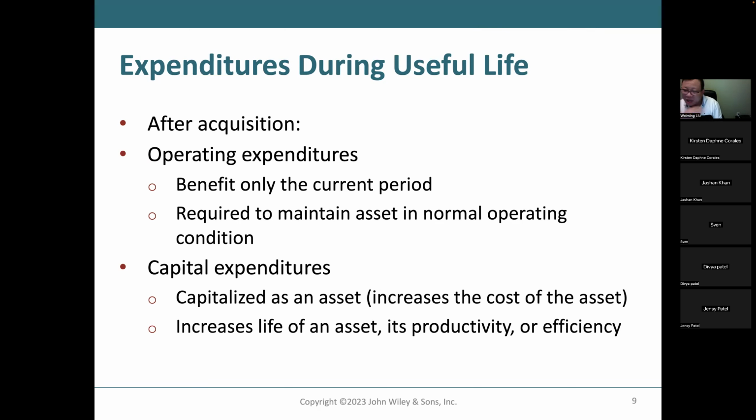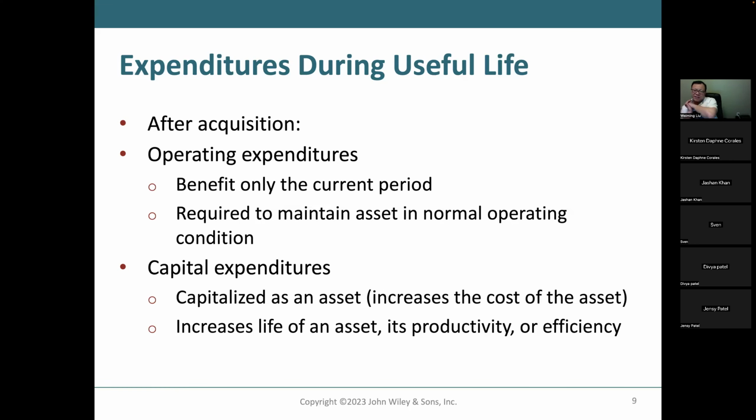But from the accounting perspective, expenditures and expenses are two different things. From the accounting perspective, expenditure is a cash outflow. The cash left your pocket to another person's pocket. That cash outflow is called expenditure.